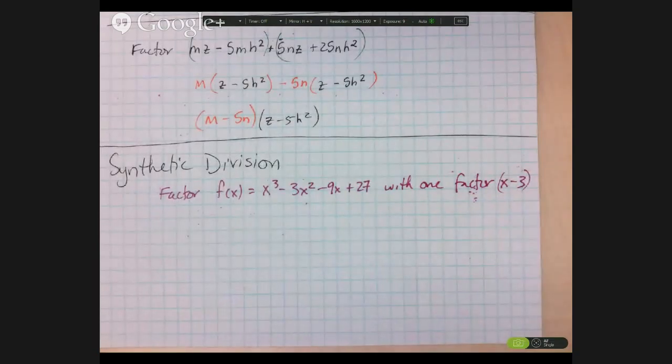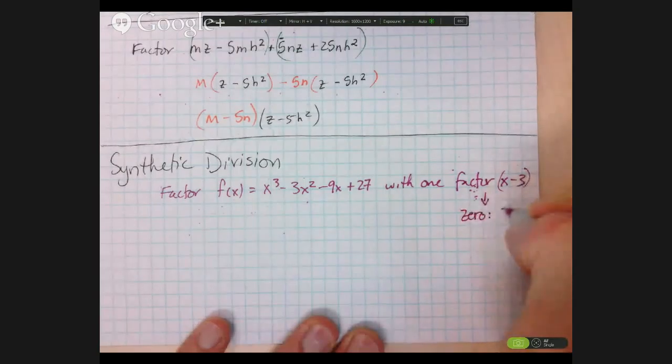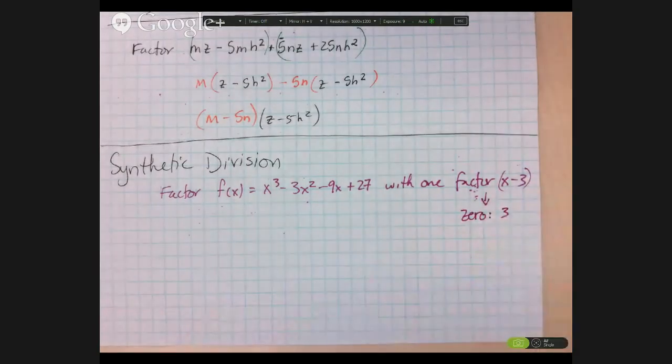Synthetic division is very useful if you have one factor or zero. If you have a zero or a factor, you can use synthetic division to get the others.